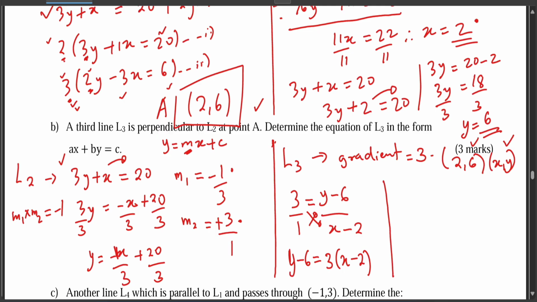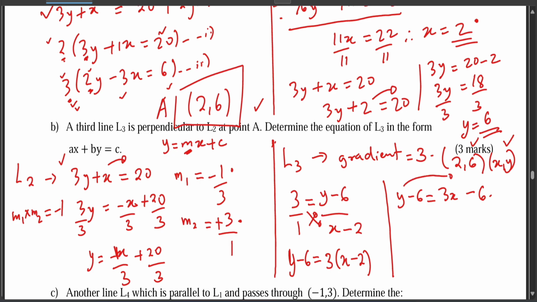Sawa. So y minus 6 is equal to, open up the bracket, 3 times x ni 3x, na 3 times negative 2 ni negative 6. Peleka huko na 3x ilete huku, kwa sababu hapa umeambiwa tuitafute in form of ax plus by equal to c. Ama let's do this. Tupeleke the other side.